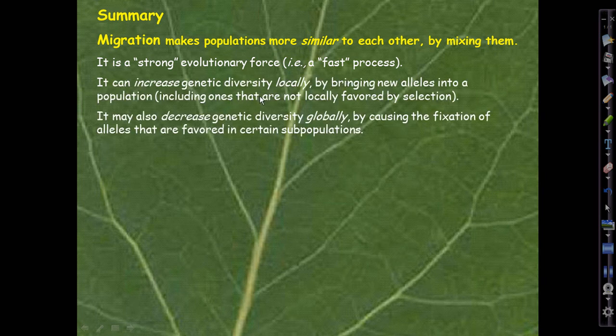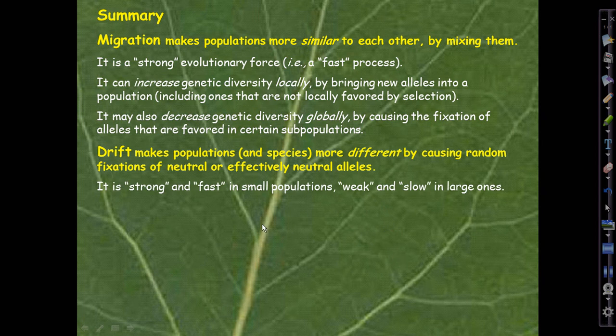It increases genetic diversity locally by bringing new alleles into a population, which can happen in one generation even, and it can bring in ones that are not locally favored by selection. It may decrease genetic diversity globally by causing the fixation of alleles that are favored in certain subpopulations, but locally it tends to increase it.